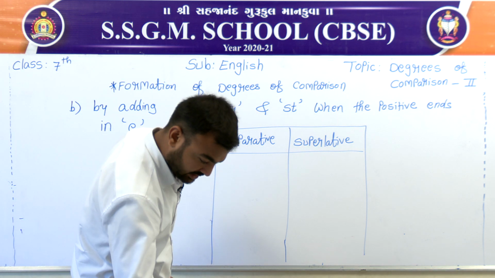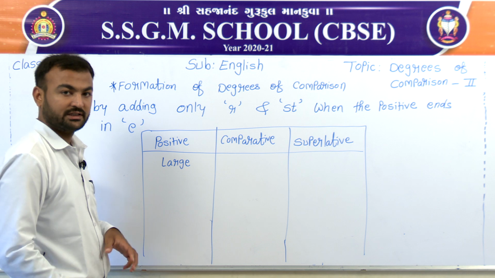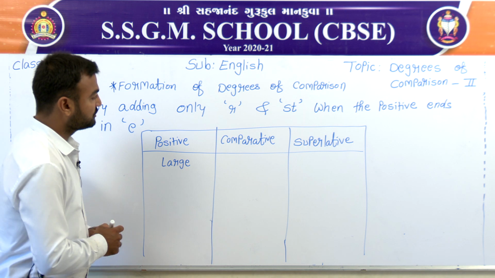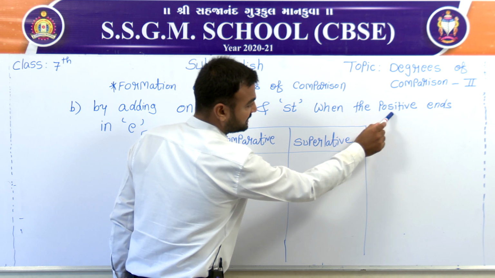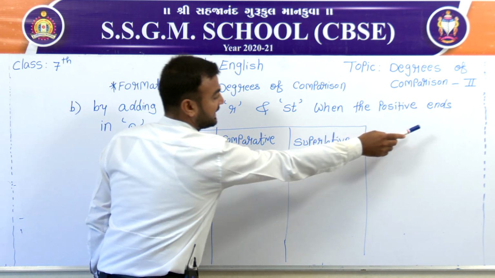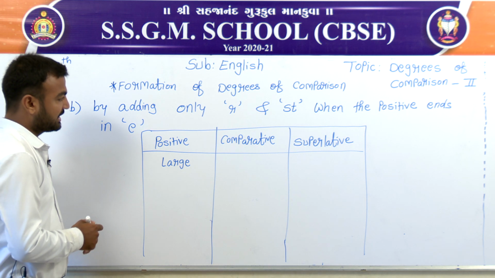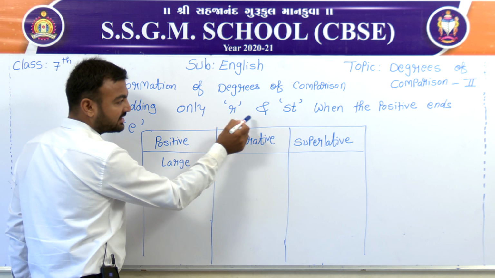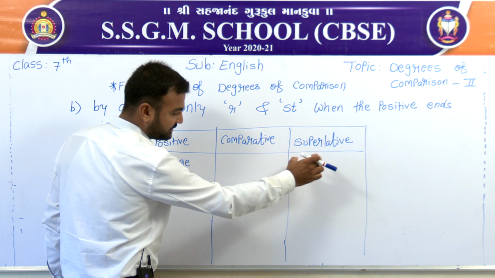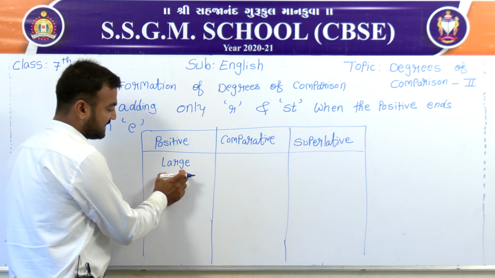Now this is the positive degree and the word written over here is large. It is already written that when the positive degree ends in E, we have to add only R and ST to the comparative and superlative degree. So let us say large.